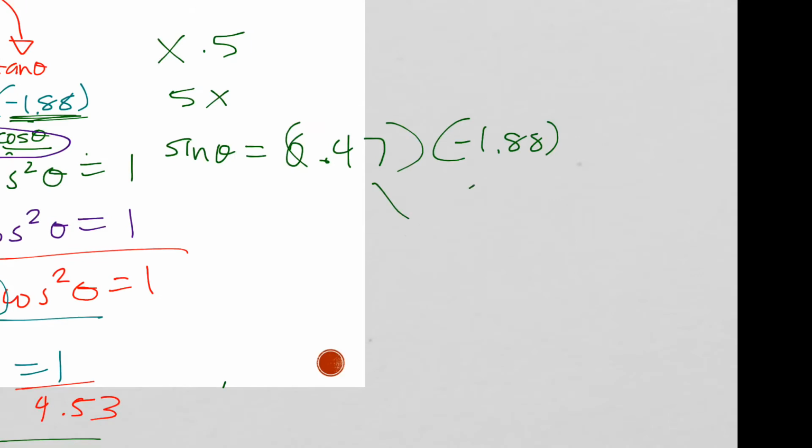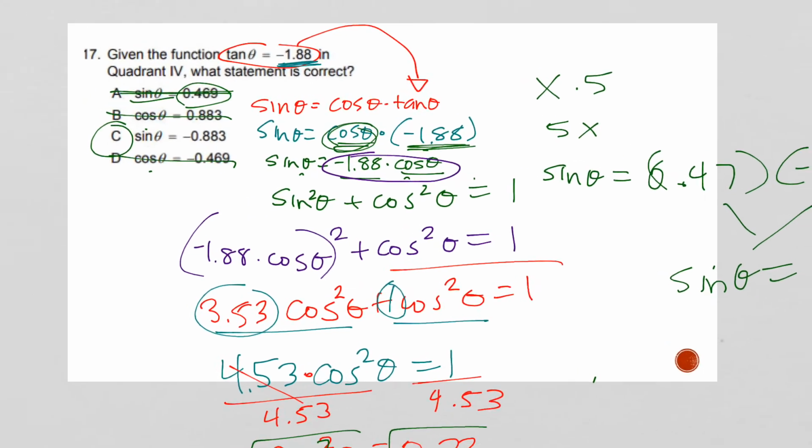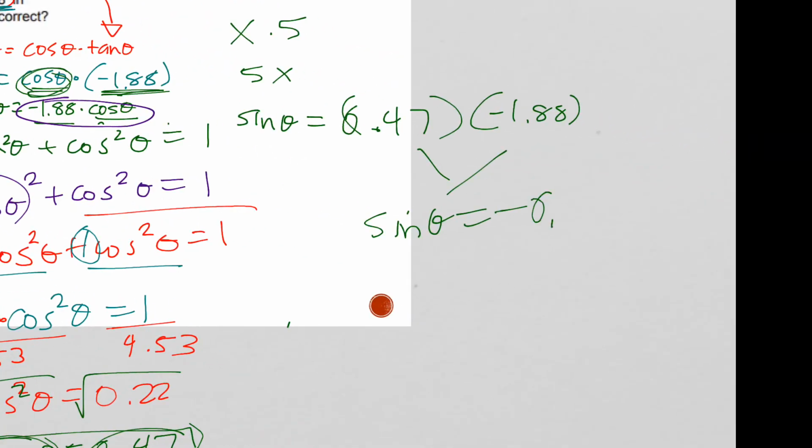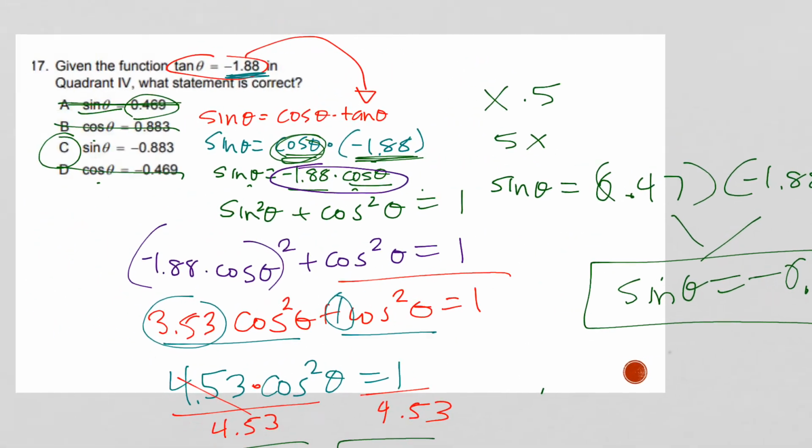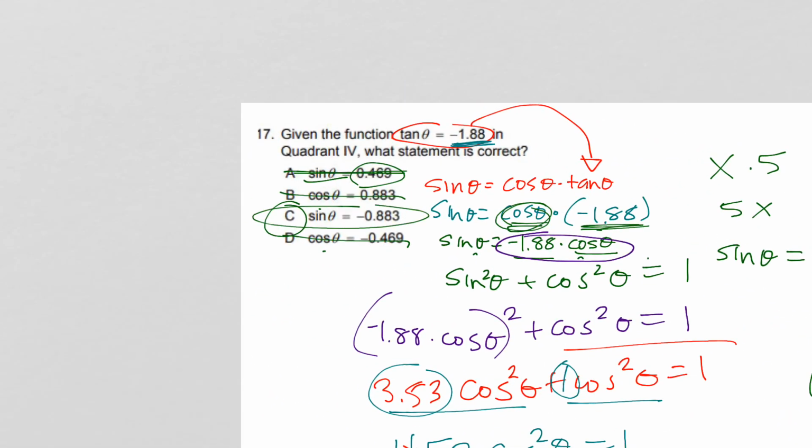Now if I multiply these two values, I will end up getting sine theta is equal to negative 0.883. And guess what? That's our answer.